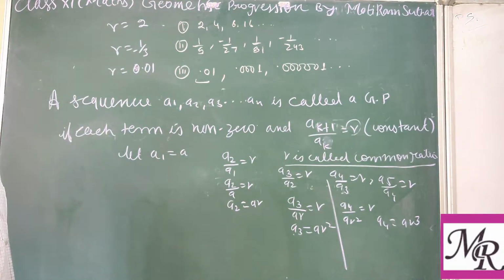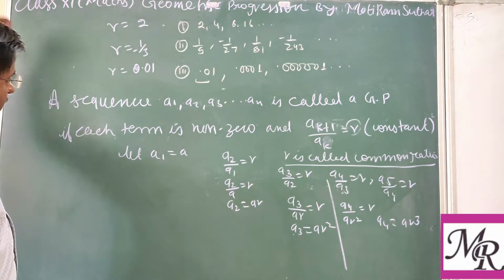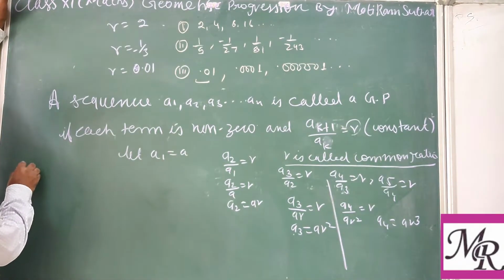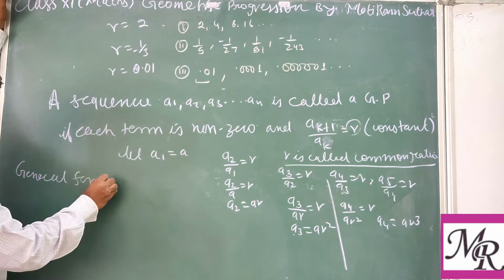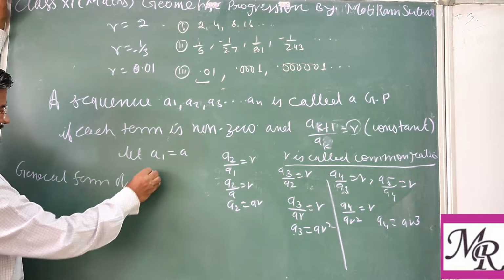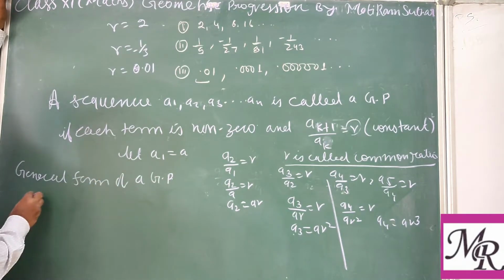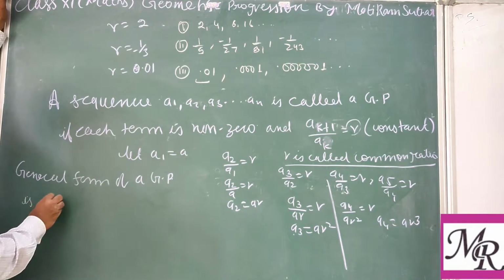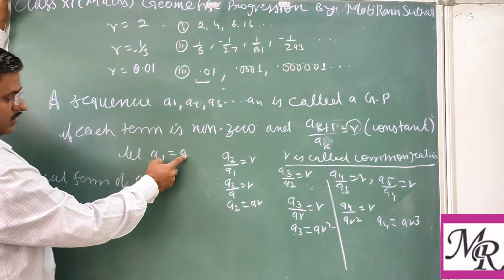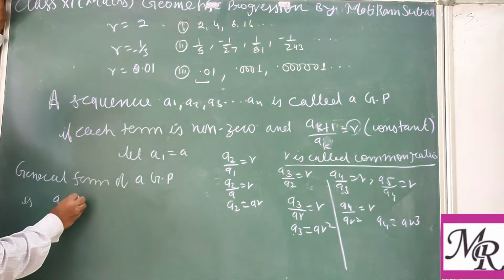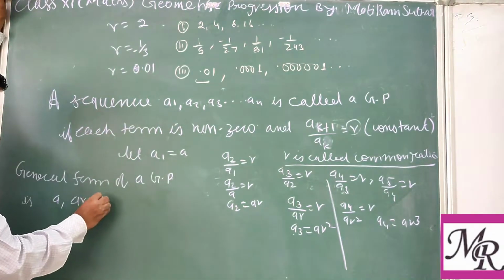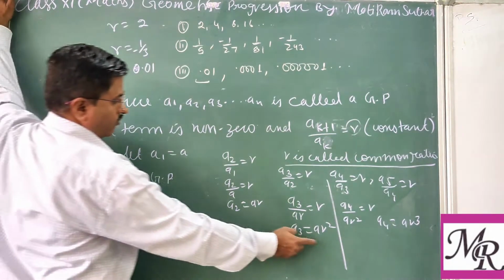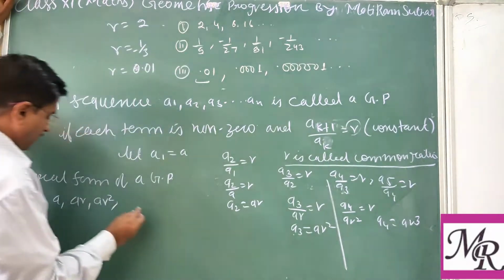So what do we get? We get a progression which is called the general form of AGP. First term A, second term AR, third term AR square, fourth term AR power 3.